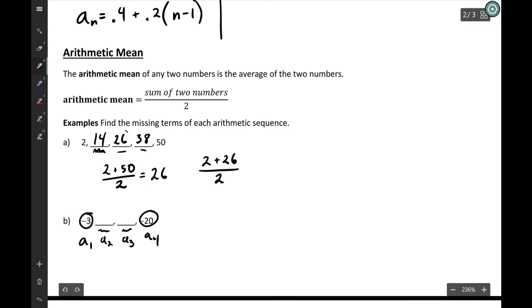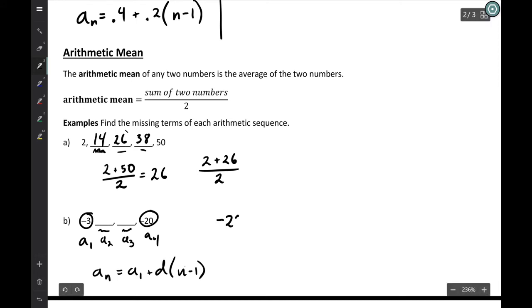And if I have the first term and the fourth term, I know a sub n is going to be equal to a sub 1 plus d times n minus 1. I have 3 of the 4 variables in my equation. 20 is the a sub nth term. Because 20 is the a sub 4th term, n is 4, which means I can plug it in here, and my first term is negative 3.